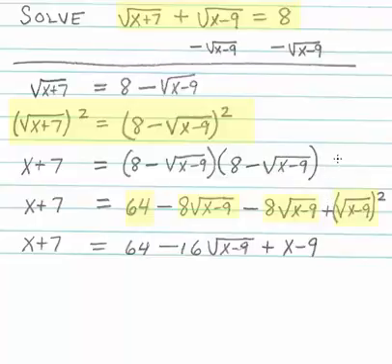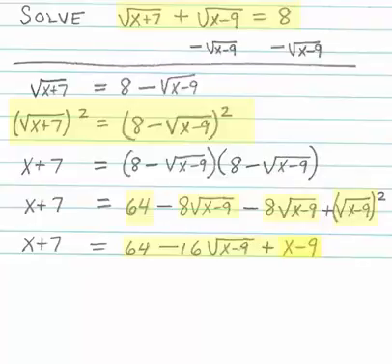When we multiply a negative times a negative, it turns to a positive result. And then we simplify to 64 minus 16 square roots of x minus 9 plus, when you square that square root of x minus 9, you get an x minus 9 added on at the end here.